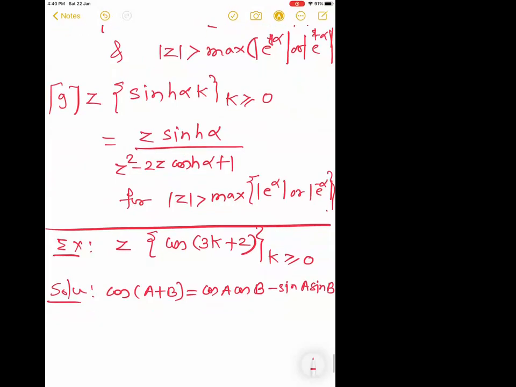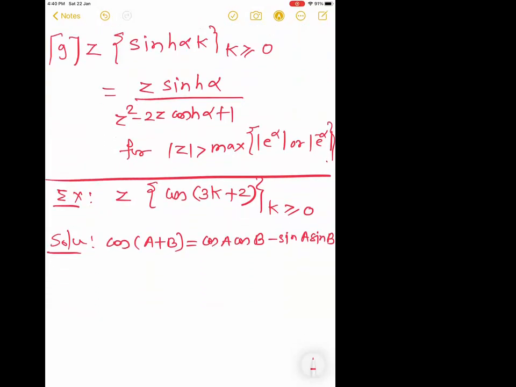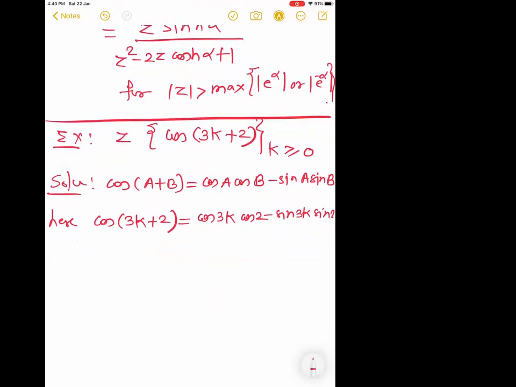Okay, this is a standard trigonometric identity. So here we are asked cos of 3k plus 2, so a is 3k and b is 2. That means cos of 3k cos 2 minus sin 3k sin 2. Right? And of course, cos 2 and sin 2 are constant terms. They will give you some constant angle value. Okay. So you only need to calculate the z transform of this cos 3k and the z transform of sin 3k.